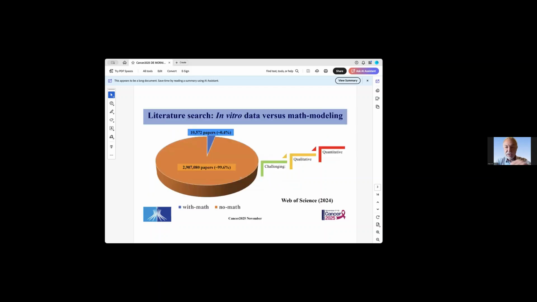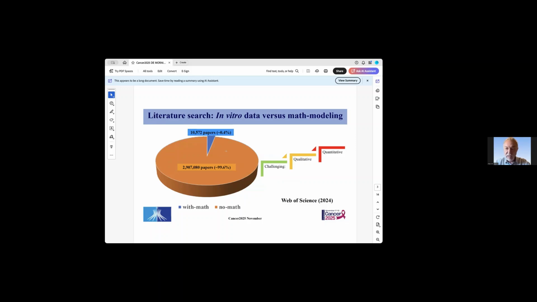So here is a very interesting aspect about in vitro data. If you do a search on Web of Science, for instance, about in vitro data, you will find a huge amount of papers, close to 3 million papers on in vitro assays.